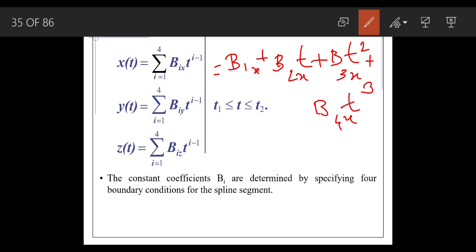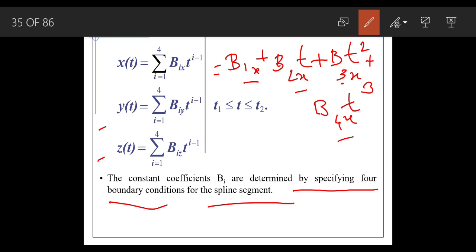So in this way we represent x(t) for the x coordinate. In the same way we write it for y(t): b1y plus b2y t plus b3y t squared plus b4y t cubed. Similarly for the z coordinate. The constant coefficients b_i are determined by the 4 specified boundary conditions for the spline segment.